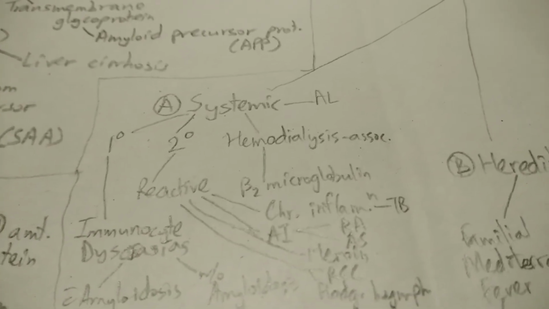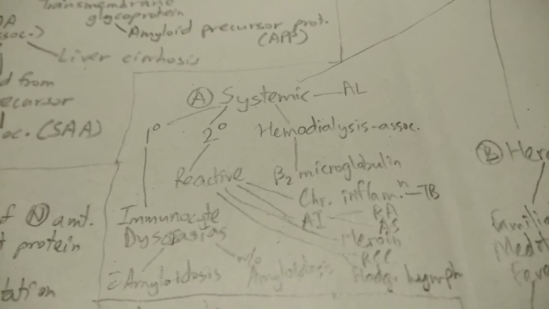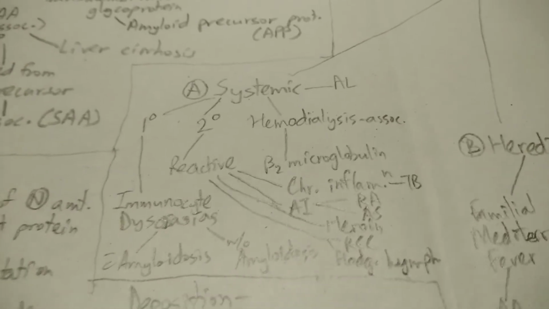Now, secondary systemic amyloidosis is also known as reactive amyloidosis because it's seen in chronic inflammatory states or where there's a tissue destruction process.